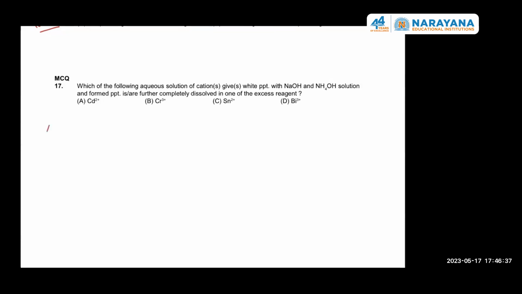So the A case will be Cd2+ in the presence of NaOH. It will give Cd(OH)2 as a precipitate. This is a white precipitate. So whether it dissolves in NaOH or in NH4OH solution: it will not dissolve in NaOH, but it will form a complex with ammonia.